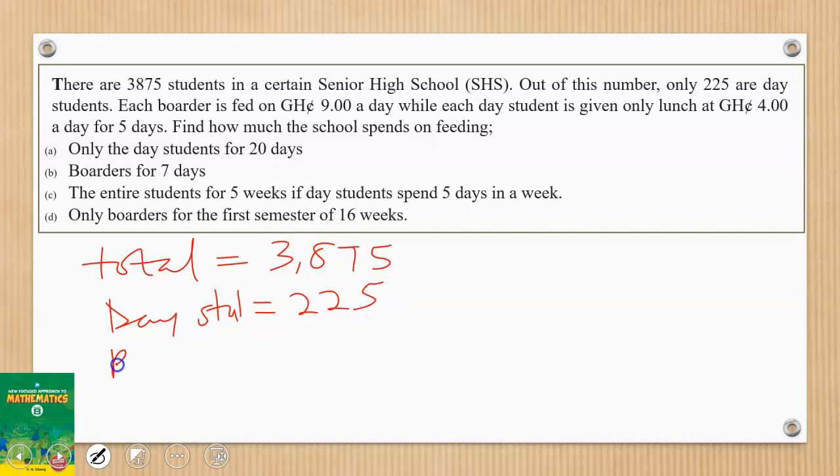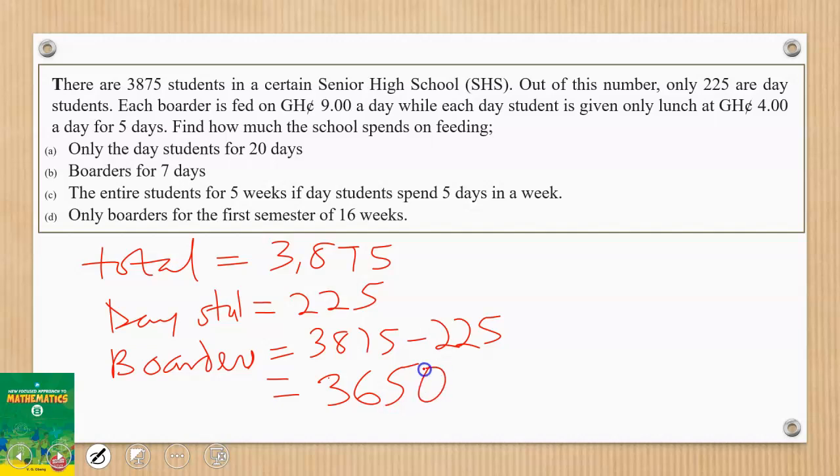In that case, our boarders will be 3875 minus 225, and that should give us 3650. Take your time and do the subtraction well and you get the same answer.